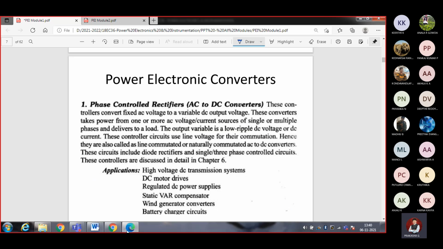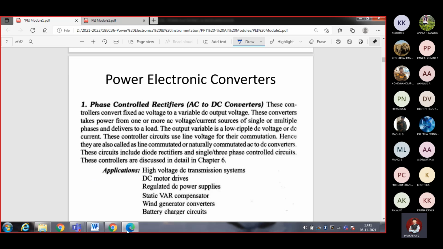You need to draw the circuit diagram, either a half wave rectifier or a full wave rectifier, and explain the current flow, how exactly AC will be converted to DC, what the input waveform is, what output waveform you are going to get, and what the ripple is. So phase control rectifiers convert fixed AC voltage to variable DC output.